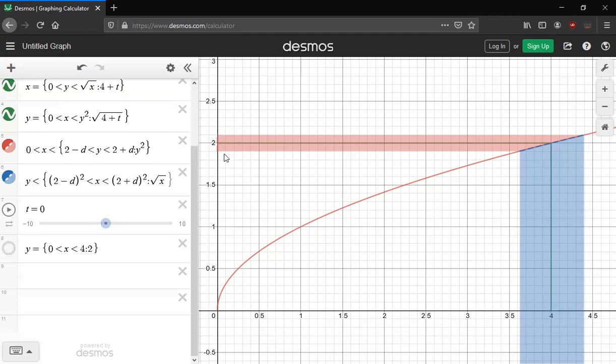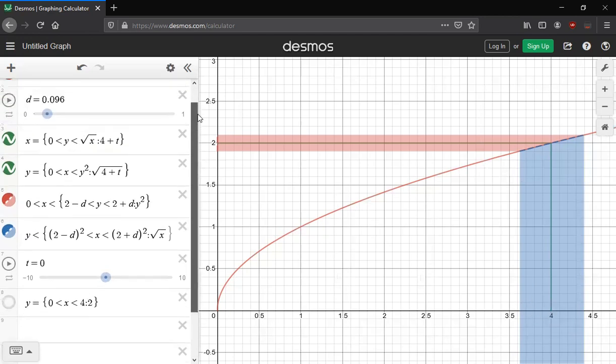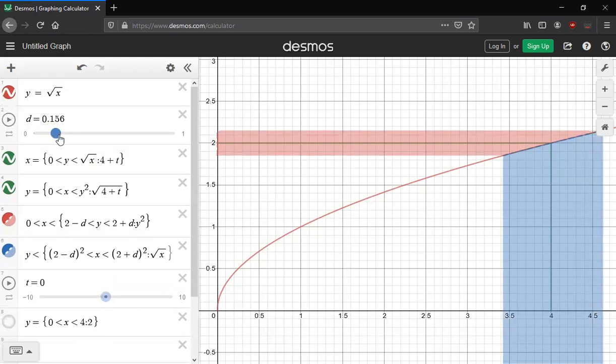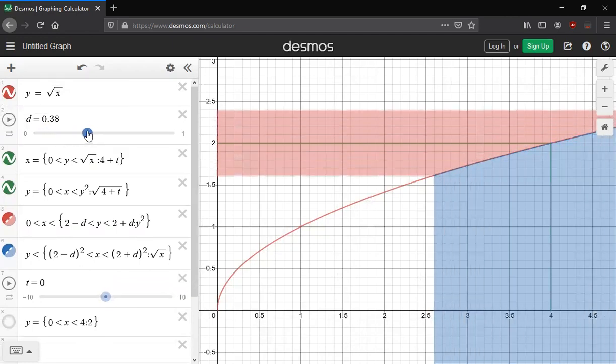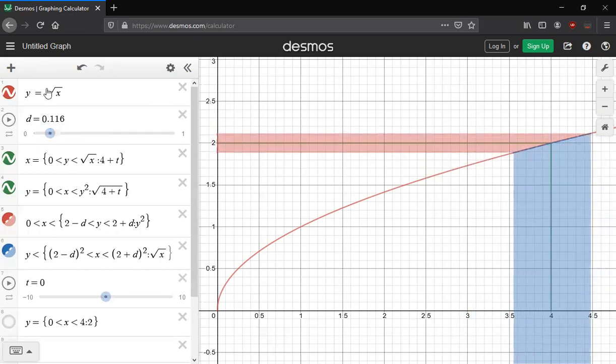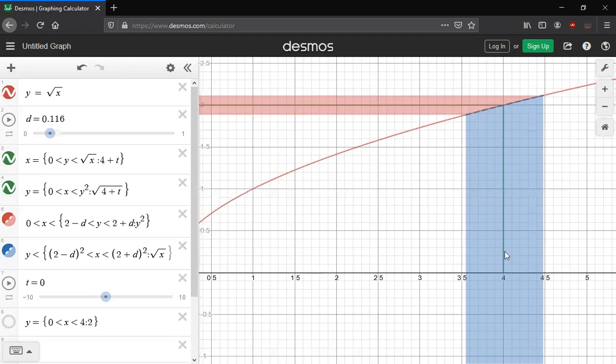We would use epsilon for the vertical distance and delta for that horizontal distance. I've rigged up this formula sheet so that you can make the window really big, you can make the window really small, and Desmos is doing all of the calculating for how wide this interval should be.